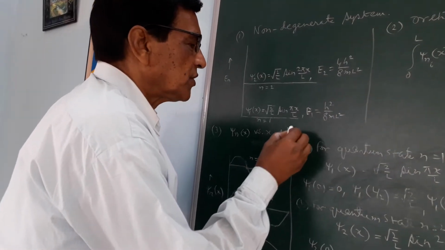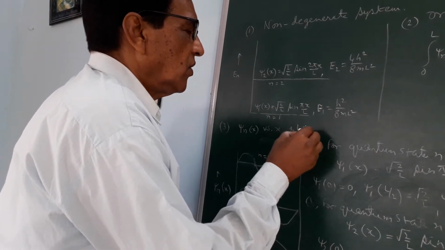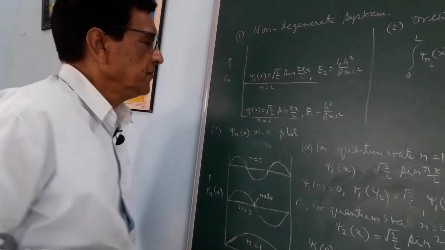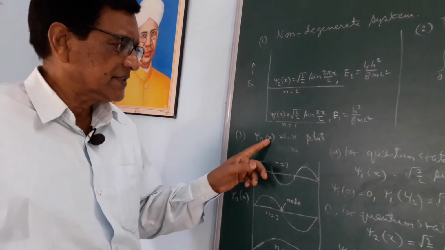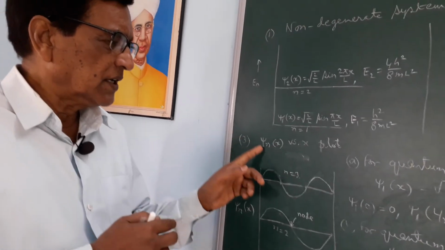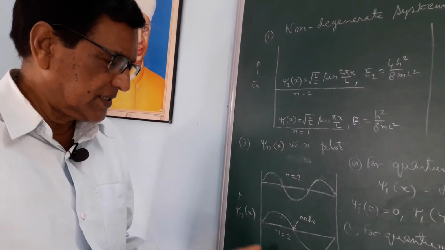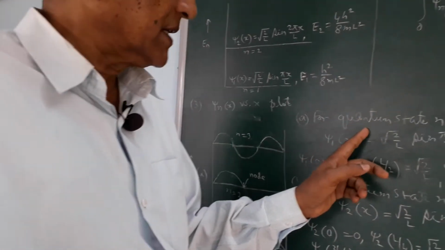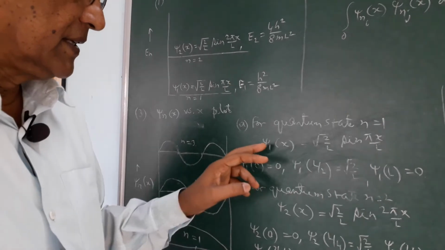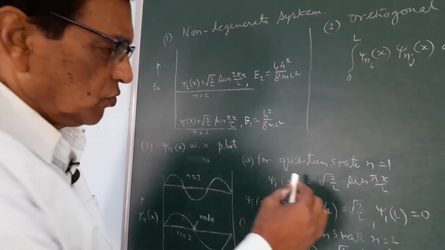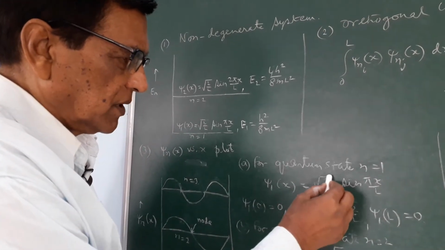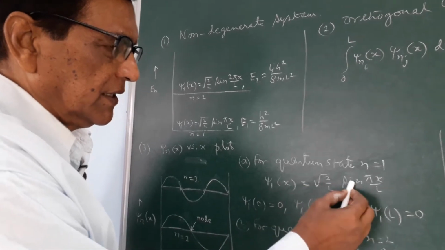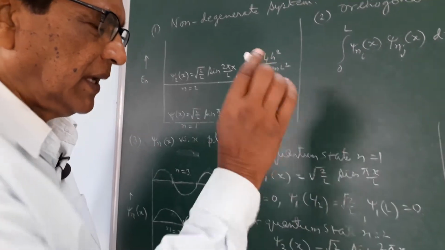And the third point I shall discuss is the psi n(x) versus x plot. Already I have told you that psi n(x) for a given quantum state depends on the value of x. Say for quantum state n equal to 1, psi 1(x) equal to root over 2 by L into sin(pi x by L).